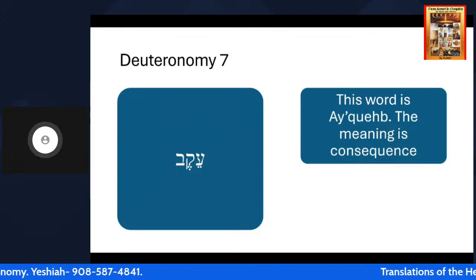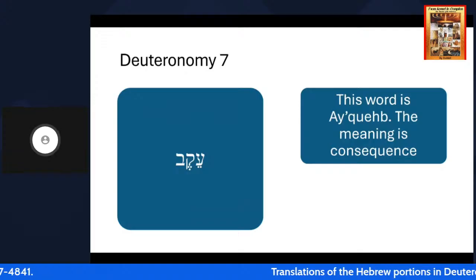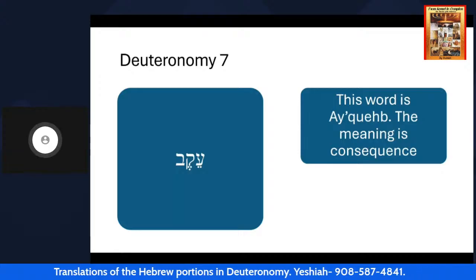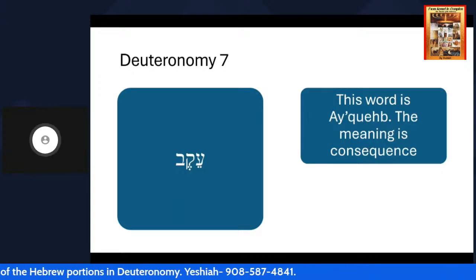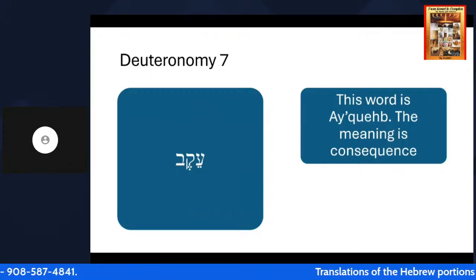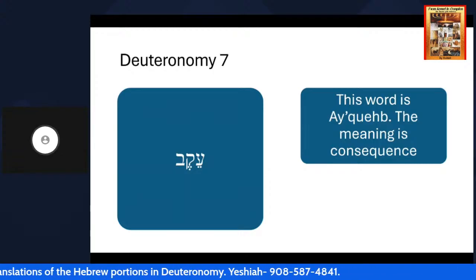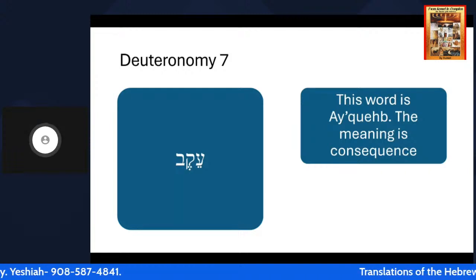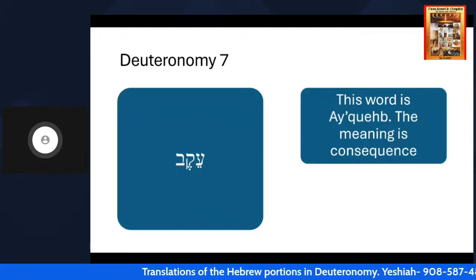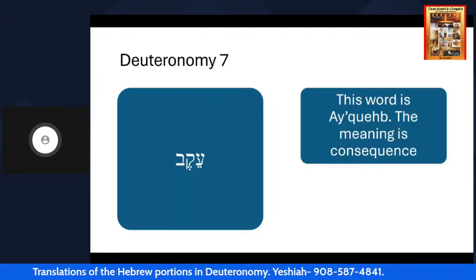Again, I contend that when scholars translate this word eqeb from aqab, which you get to the word Yaakov, transliterated as Jacob, some would say means he will deceive. But when we look at that and understand it from meaning consequence, it is very difficult to explain how the same word for deceive could be the same word for consequence when the consequences of your actions are not deceptive. And so that is something to bring out for reference purposes.